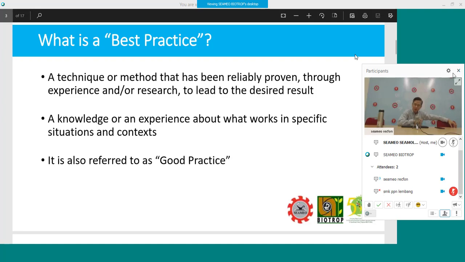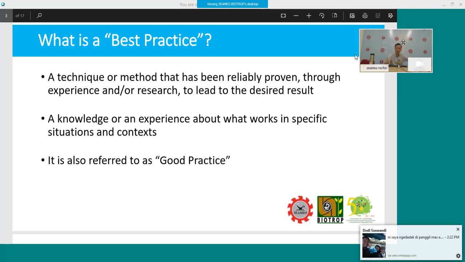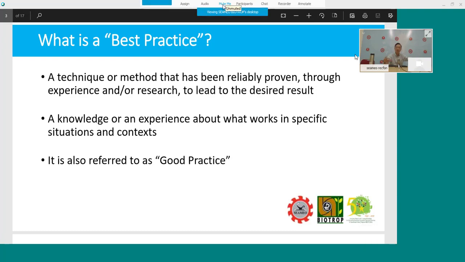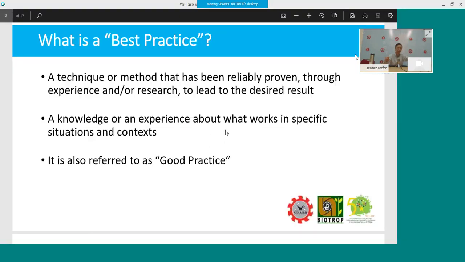It means that you have been doing the same thing and it has been providing very good results because you have evidence that it has been a good practice based on what your objective is in doing the urban agriculture, because every time you do that, you achieve the desired result. For example, if you want to have a good harvest, then maybe the best practice is the kind of fertilizer or the cultivation practice that you adopt, so it will give you a good harvest.